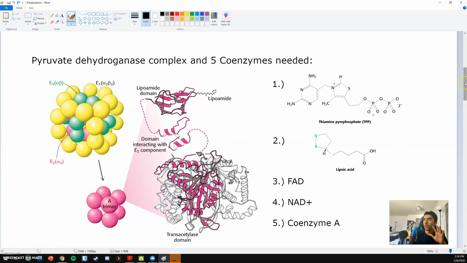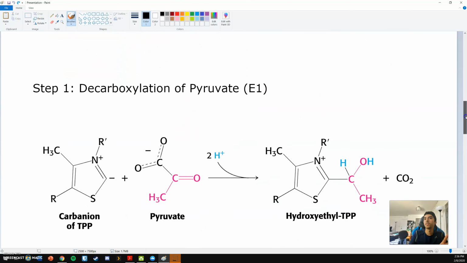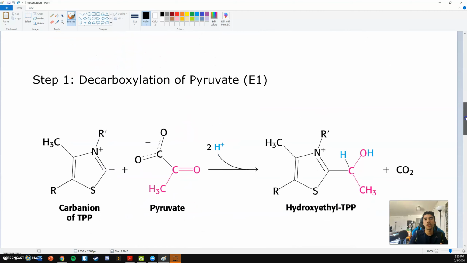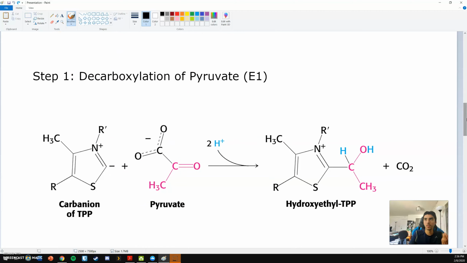So, to start off with, step 1, decarboxylation of pyruvate. This occurs in the E1 portion of the pyruvate dehydrogenase complex, and it starts off with pyruvate, obviously, but also with TPP, and this is the carbanion form of TPP.